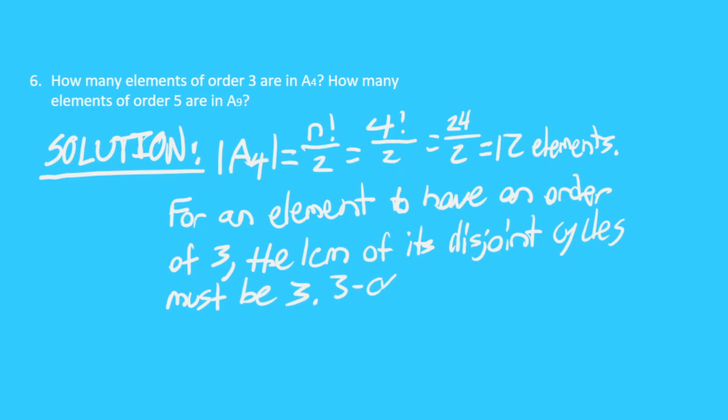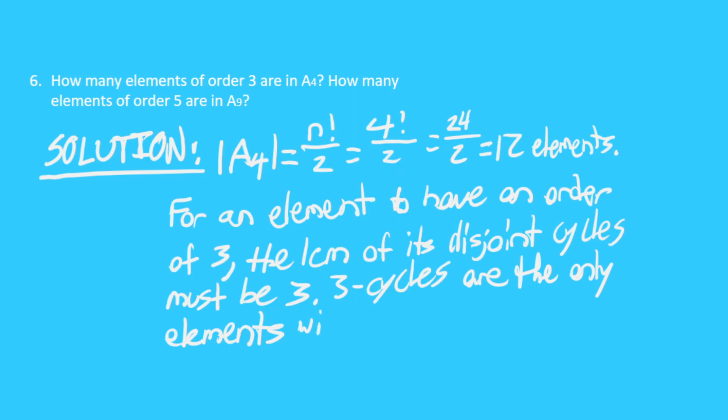So 3 cycles are the only elements with this order in A4.